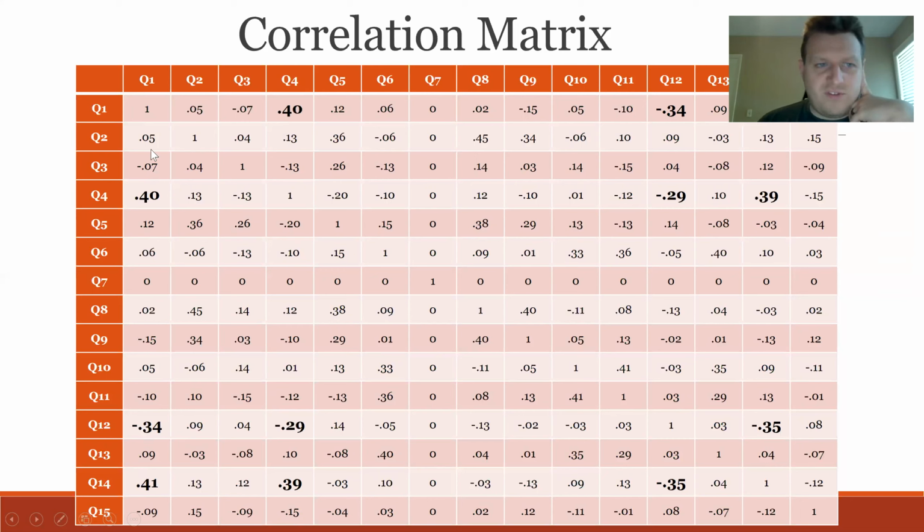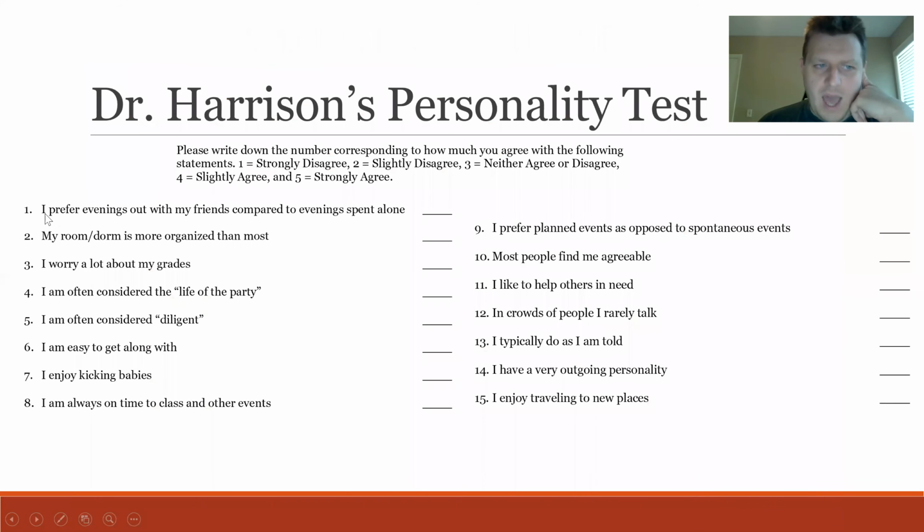Let's look at these questions. 1: I prefer evenings out with my friends compared to evenings spent alone. 4: I'm often considered the life of the party. 12: In crowds of people I rarely talk. And 14: I have a very outgoing personality.